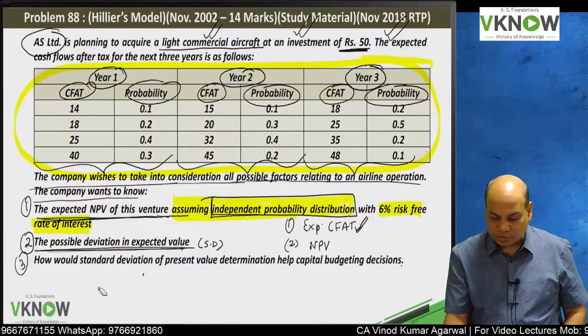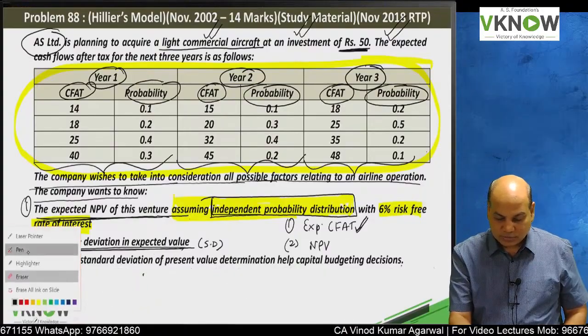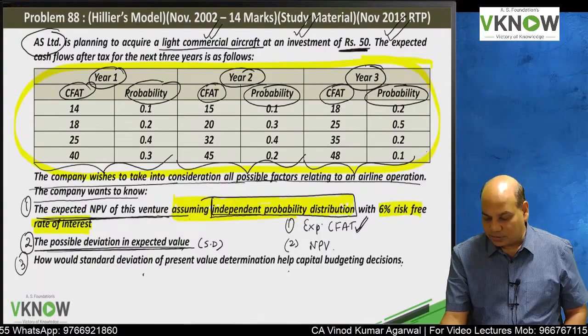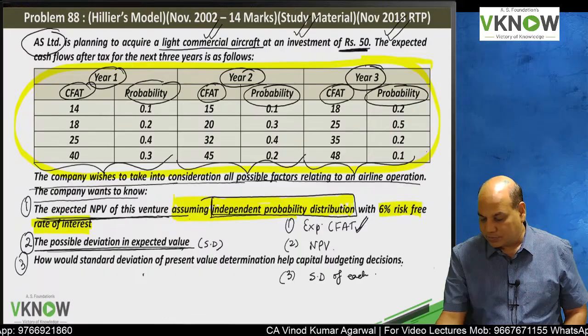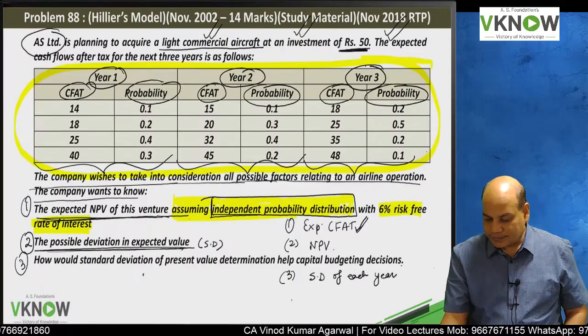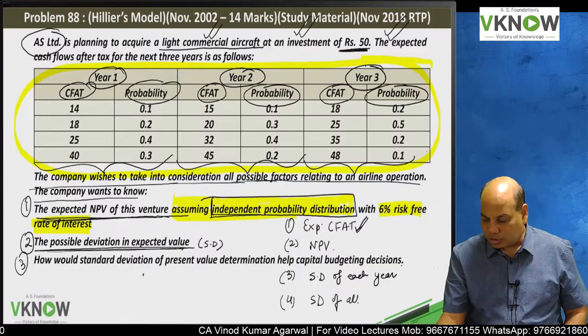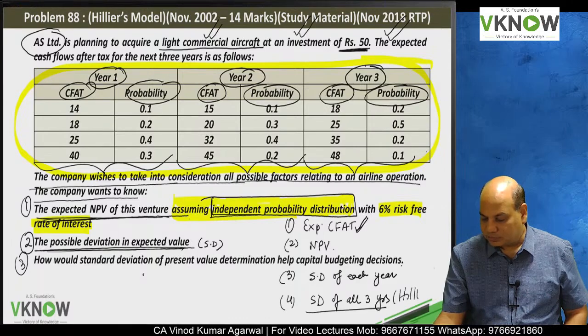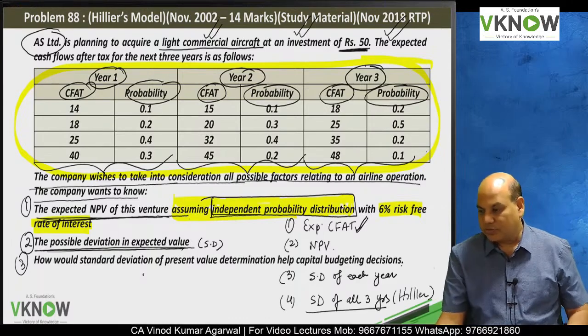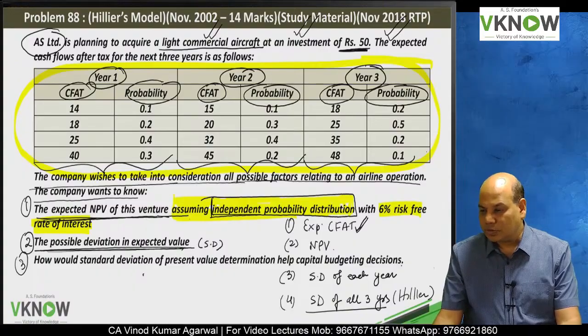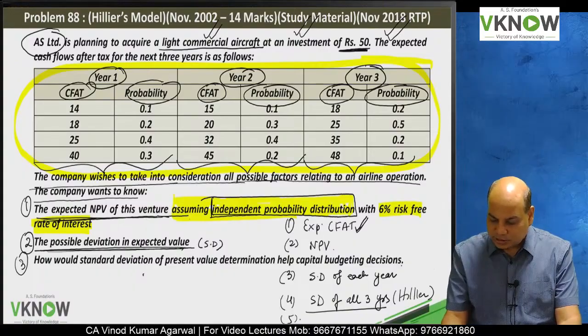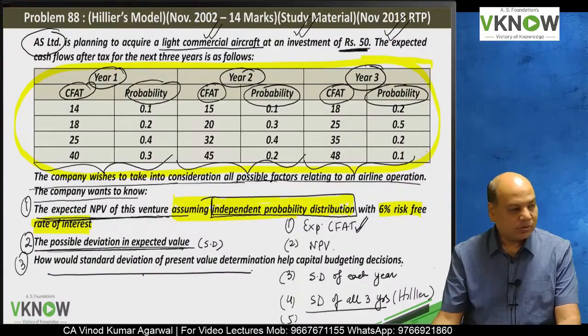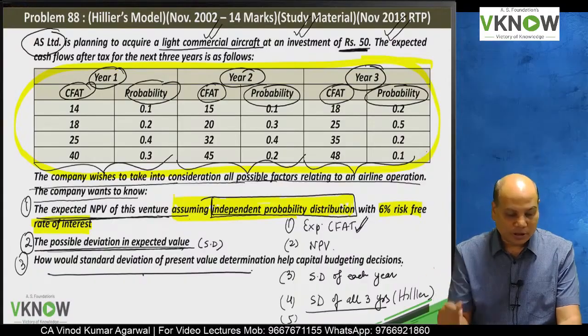First I will compute expected CFAT, then NPV, then standard deviation of each year. Then I will compute standard deviation of all 3 years by applying Hillier model. Is it right? So this will be the answer. And question number 5, theory question, is already printed in the book.